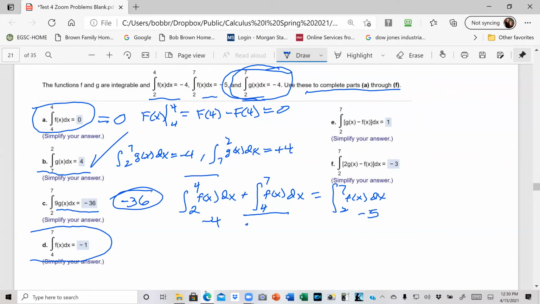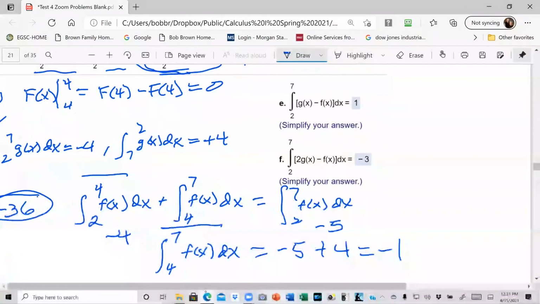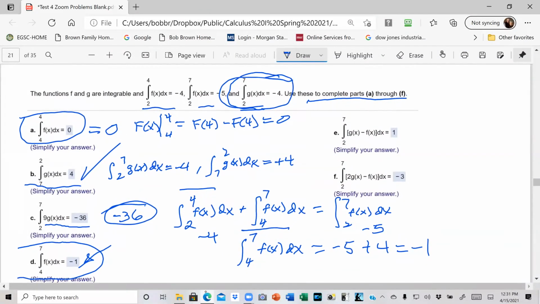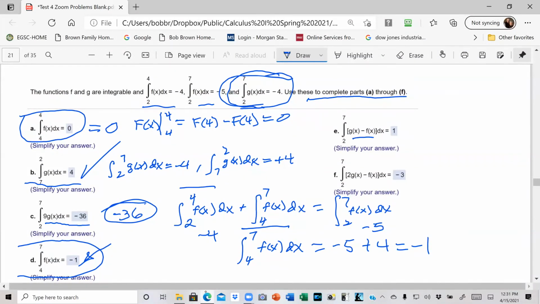So the integral from 4 to 7 of f of x dx is going to be minus 5 plus 4 equal minus 1. So the answer to D is minus 1. And finally, we want to do E. We want the integral of g of x minus f of x dx from 2 to 7.